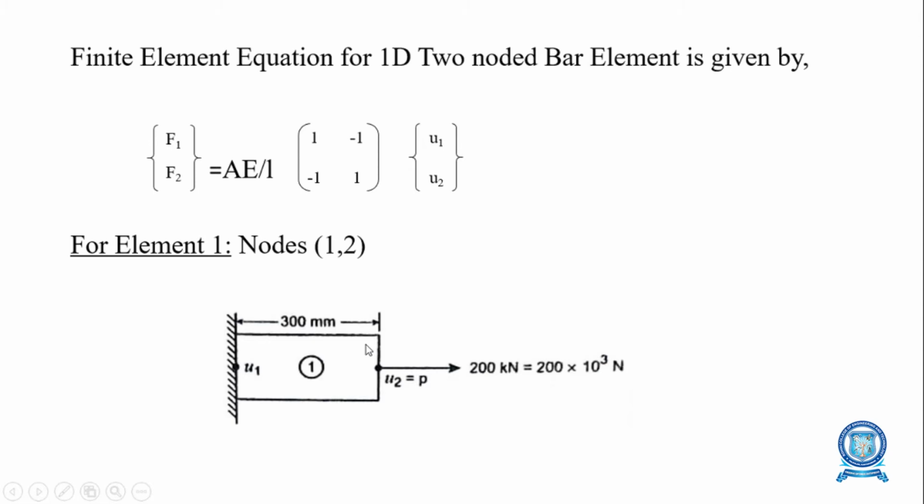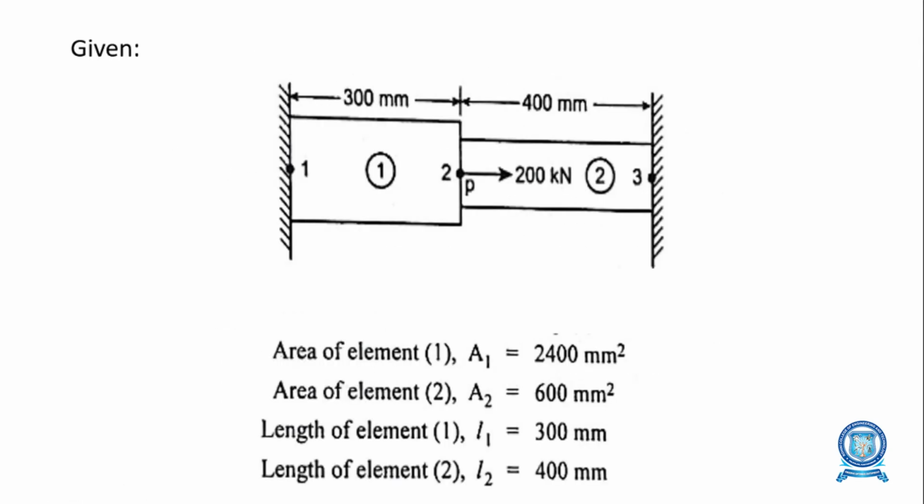Now we are substituting the values in the given finite element equation. Here we don't know the values of F1 and F2. We know the area; the area for the first element is 2400 mm square.